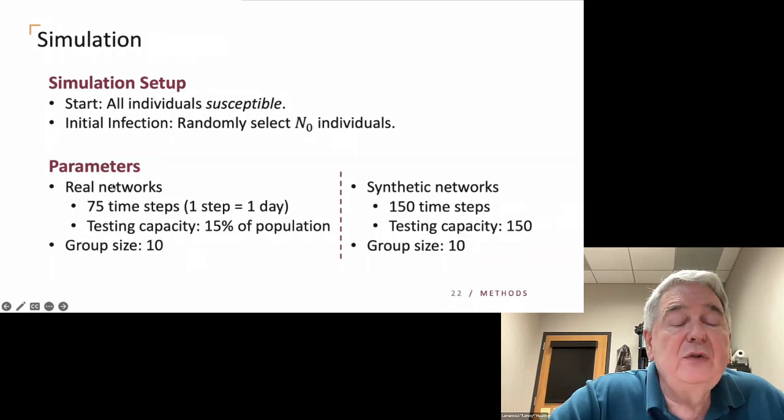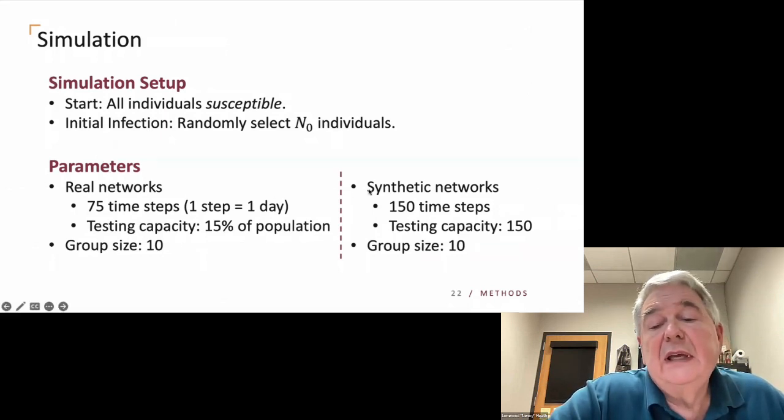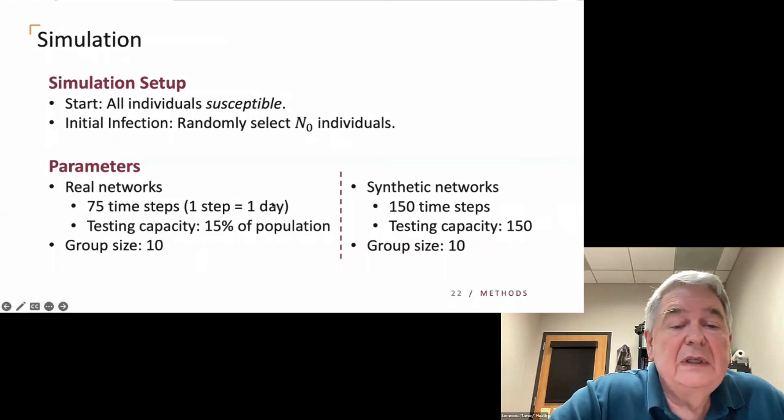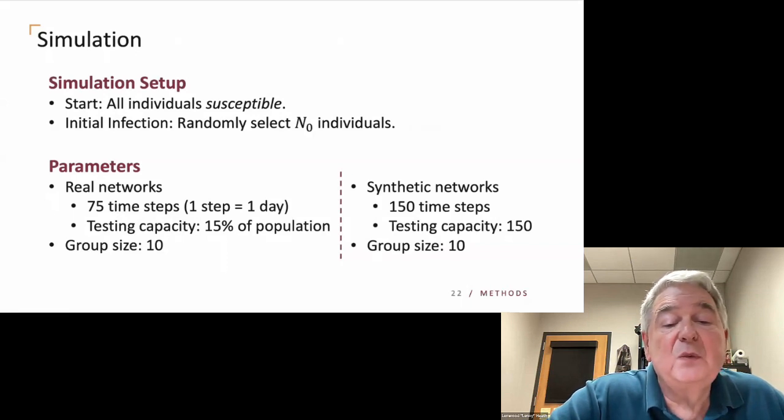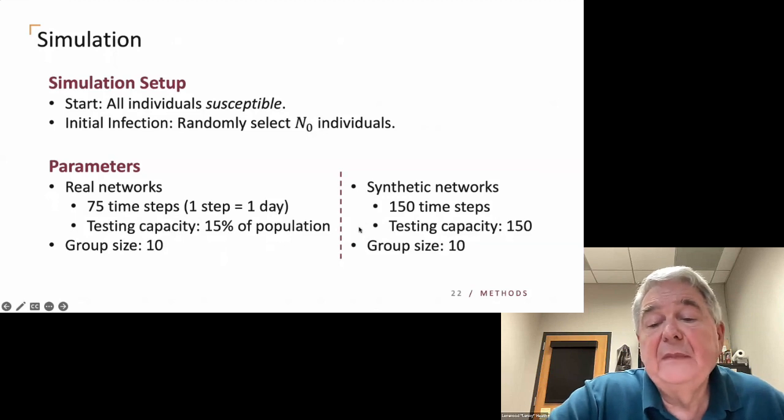We have two setups, real networks and synthetic networks, which we will describe later. The real networks, we give them 75 time steps, where one step is a day, and we give a testing capacity that is 15% of the population. And generally, we assume that the group size is 10.